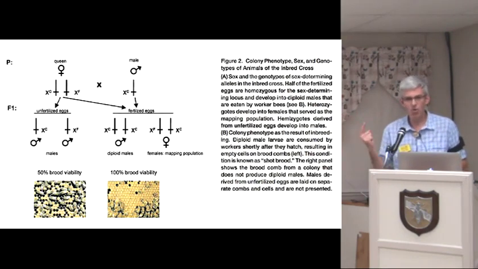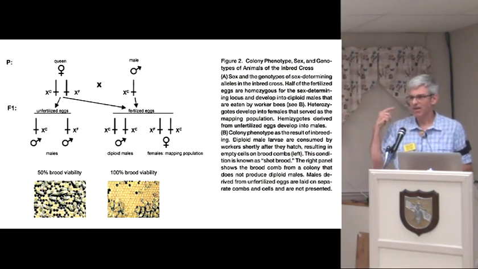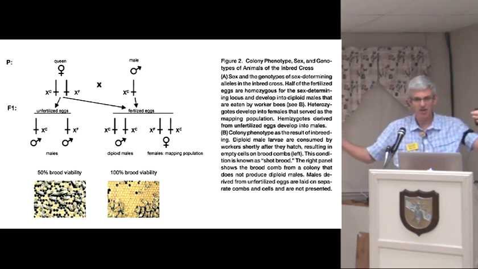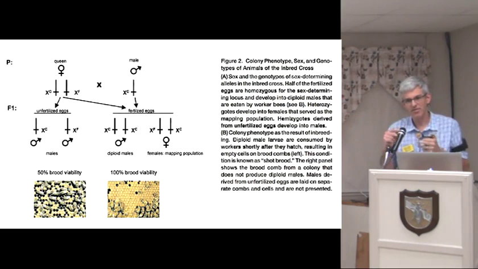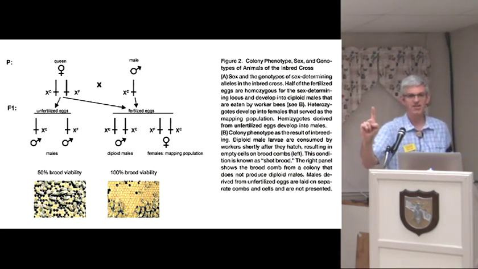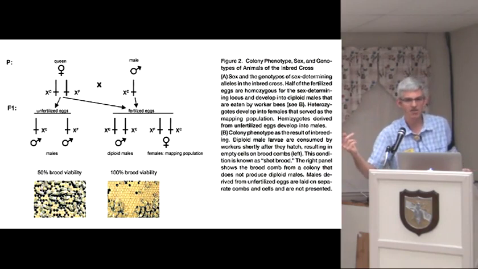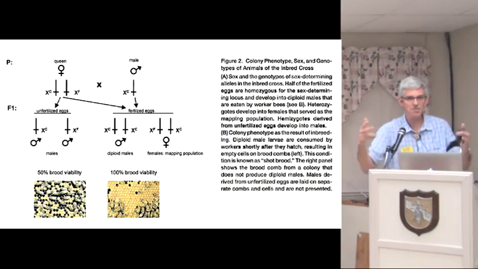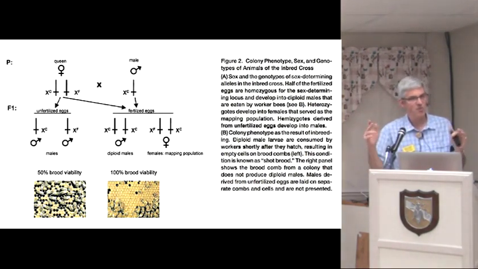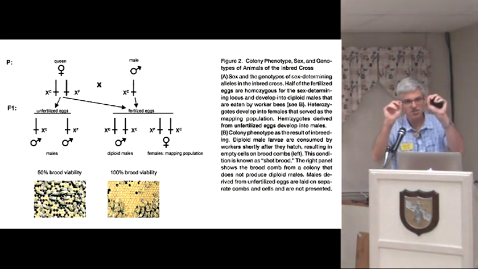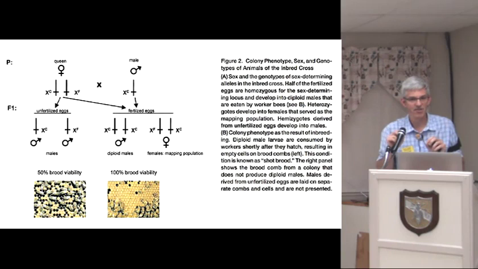If you have the same one in a drone as in the queen, then you can end up with a diploid, a fertilized egg that has one version of the CSD. And guess what? It develops as a male. A diploid male. A male with two copies of all the chromosomes that you would think would develop as a female, but because the CSD gene is the same version, it developed as a male.